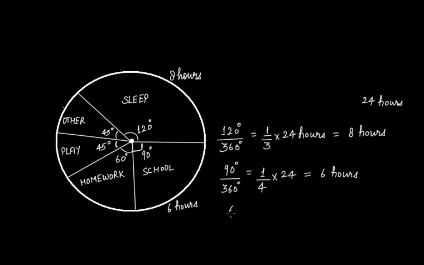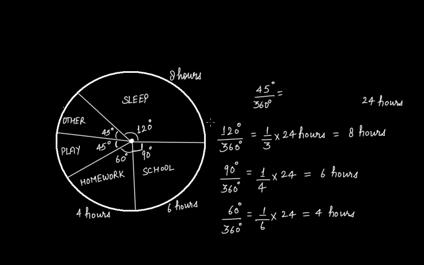In the same way, this is 60 degrees by 360 degrees. This gives you 1 by 6, that is 1/6 of 24 hours will give you 4 hours. So these many hours you use for doing your homework. Then 45 degrees by 360 degrees for this one will give you 1 by 8, and 1/8 of 24 hours is actually what? 3 hours.